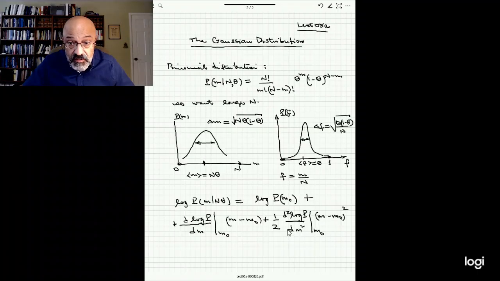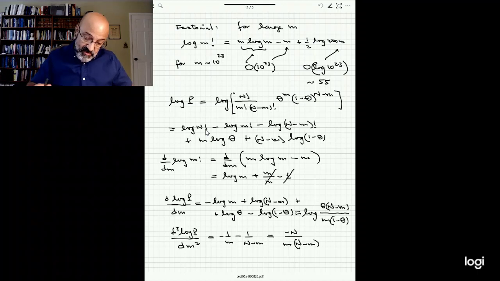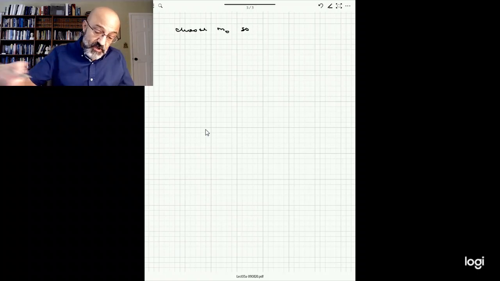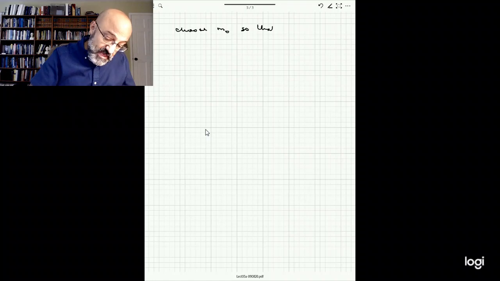Very good. So now that we have those two derivatives, we just substitute here. Now, we want to expand about the maximum. So we want to choose M0 so that it is right at the maximum there. Choose M0, the point about which we are expanding, so that the derivative of log p at the maximum is 0.